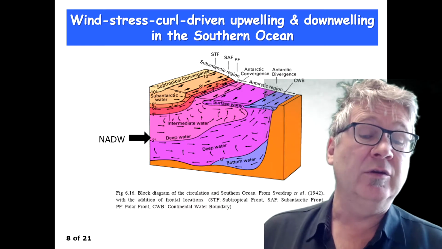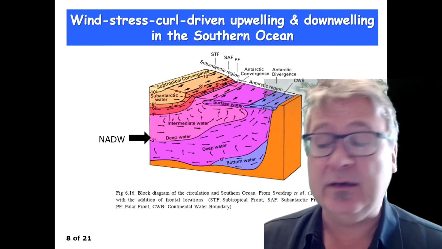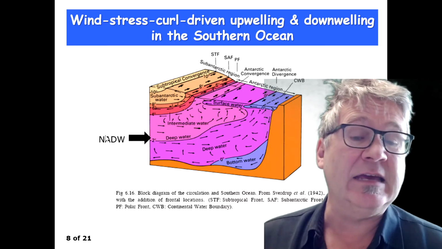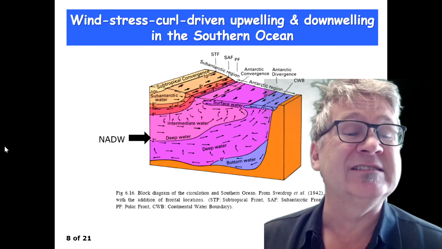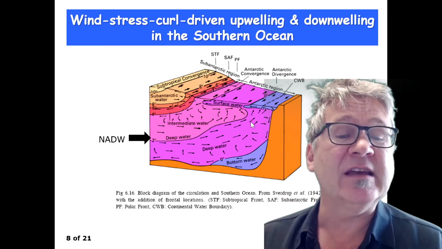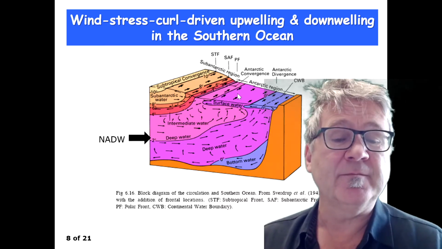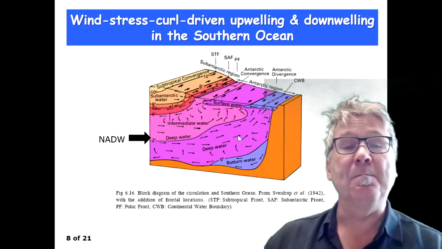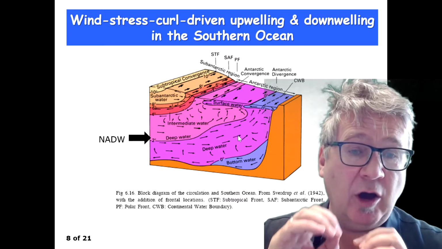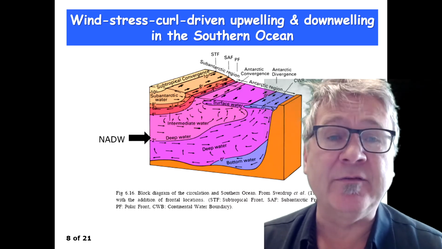Okay, and you can see North Atlantic deep water is coming here from the north, crosses the equator in the Atlantic Ocean, and in the Southern Ocean, this deep water is brought, sucked up to the surface. This is the biggest, most obvious upwelling region that we have in the ocean.